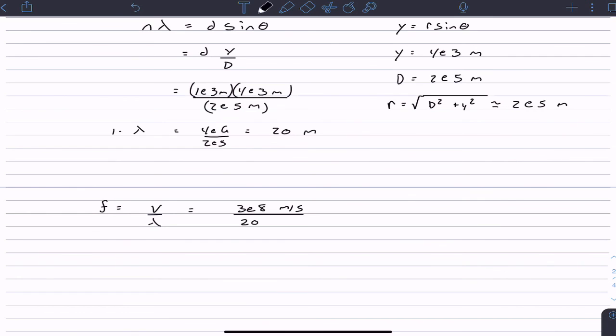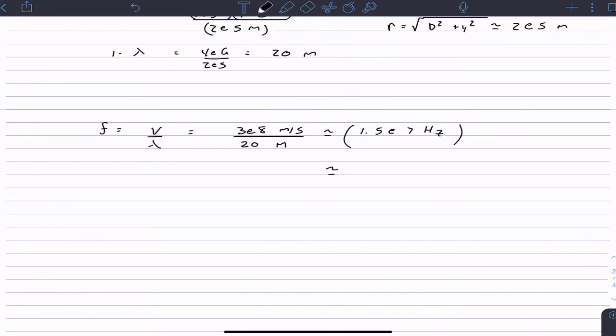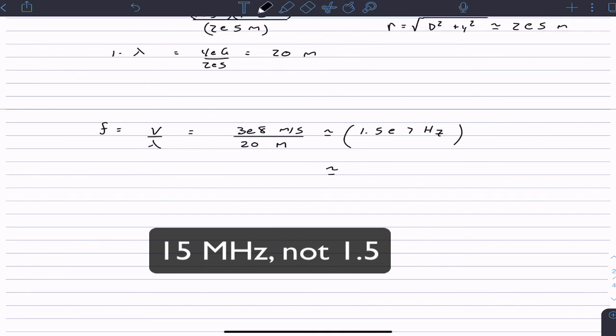It was 20 meters, right? So this gives you a value of 1.5e7 hertz, which is actually reasonable, and it's in the range for a radio signal. We could also say that this is 1.5 megahertz.